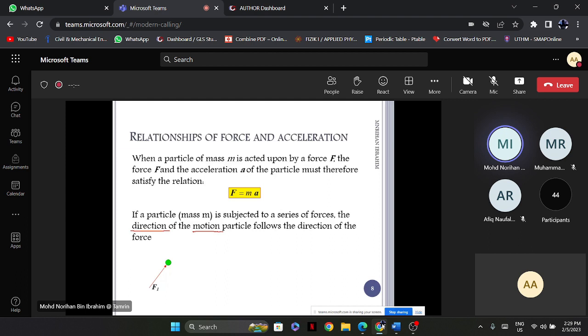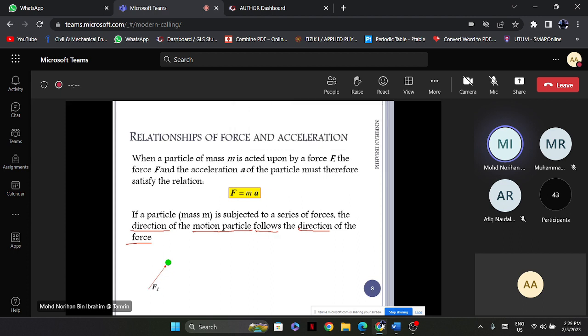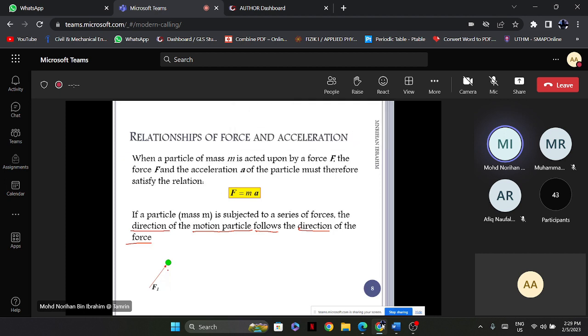of motion of the particle follows the direction of the force. So look at these animations. Let's say we have this F1, force of 1, let's say F1 is equal to 10 Newton, which is applied to this particle, the green circle representing the particle that we consider. So the direction of motion follows the direction of the force.